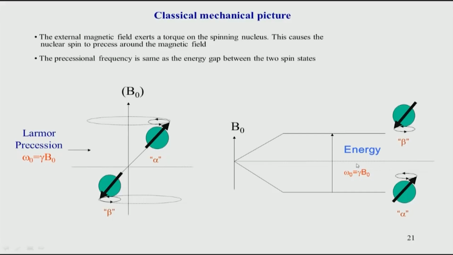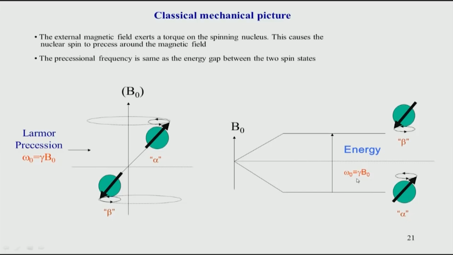Now, if you look at the quantum mechanical picture, which we have been looking at in the last few slides, there we talked about the energy levels. Here also, the difference in energy level, delta E, is given by h times the frequency, the frequency at which the molecules absorb radiation from the ground state to the excited state.